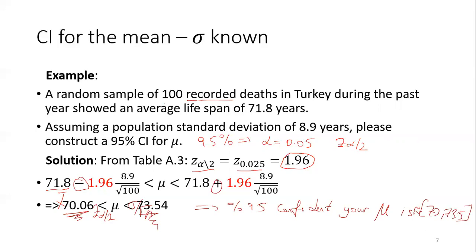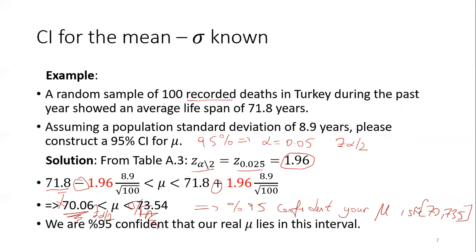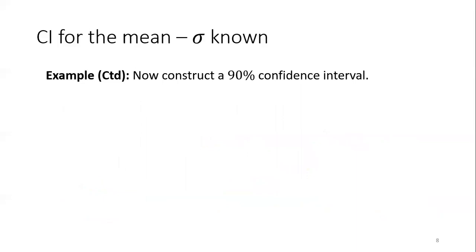You don't know exactly where mu is, but with high probability, with 95% probability, you know that mu is between some values. In this example, it's 70 and 73.5.